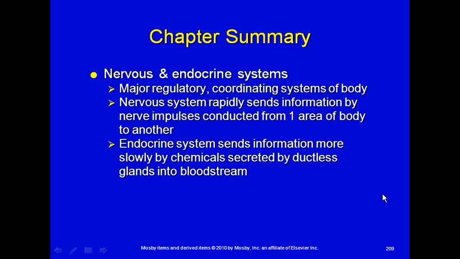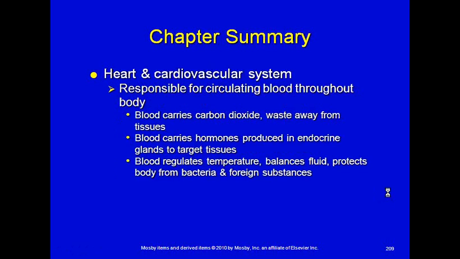As an example, when adrenaline is released from the adrenal glands and it gets into the bloodstream and it occupies the adrenergic receptors on the heart, it causes the heart rate to increase, the strength of contraction to increase, the speed of contraction to increase.